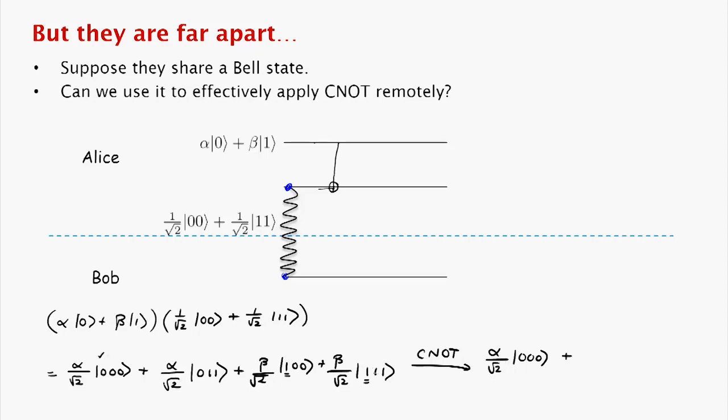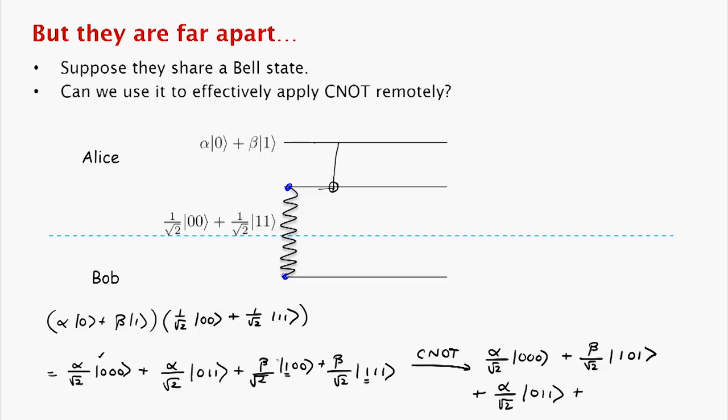If you look at this one, this control bit is 1, this target bit is 1, so it'll become 101. So you'll get beta over square root 2 101, plus alpha over square root 2 011.